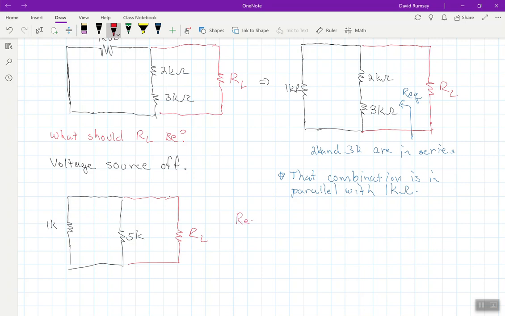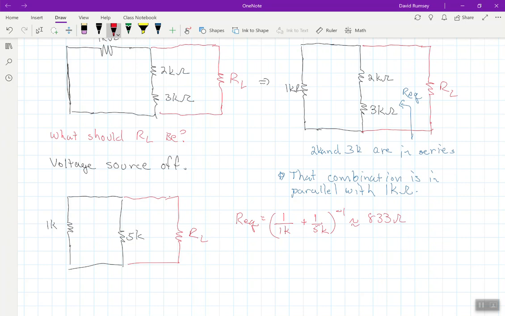So REQ is going to be 1 over 1K plus 1 over 5K, inverse. If you do that, you get approximately 833 ohms.